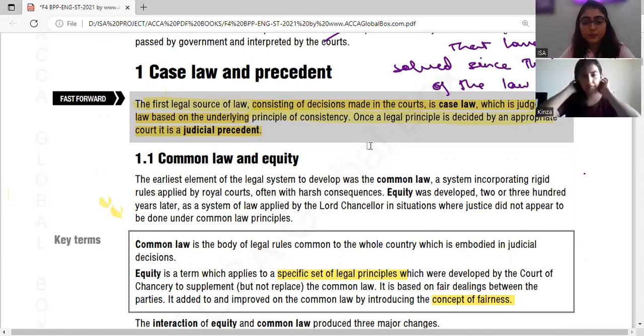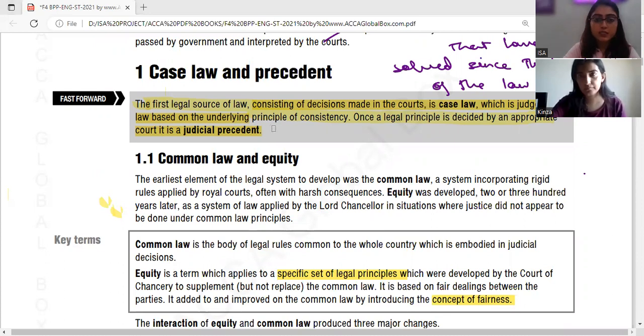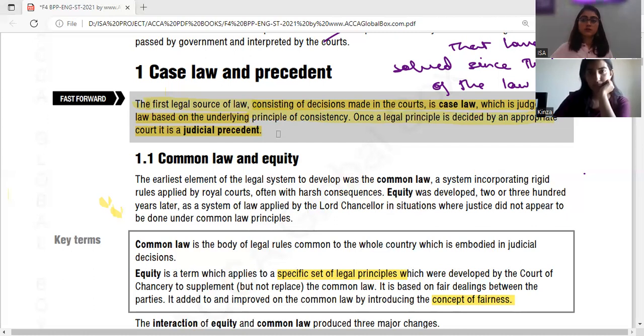Can you explain this para? Ali Hassan, are you there? And now I can hear you. All right. Ali Hassan, please explain the case law, this para which Kinza just read. I can't hear you, Ali. Okay, Kinza, can you explain?